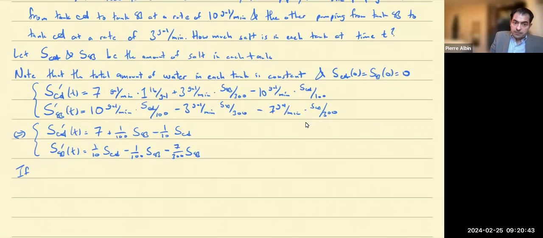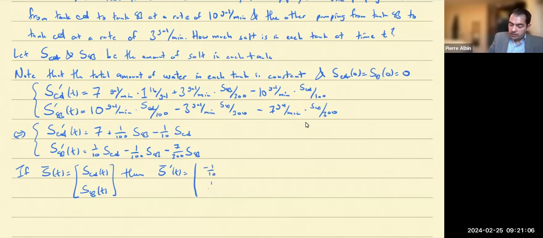So if, say, capital S bar of t is the vector with coordinates S_A of t, S_B of t, then what we have is that S bar prime of t is equal to the matrix minus 1/10, 1/100, 1/10, minus 1/100 minus 7/300, times S bar of t plus the vector 7, 0.